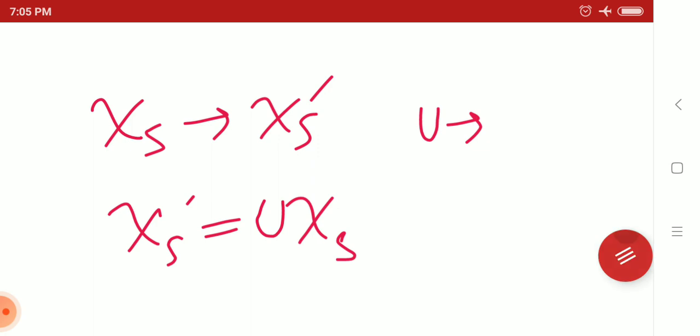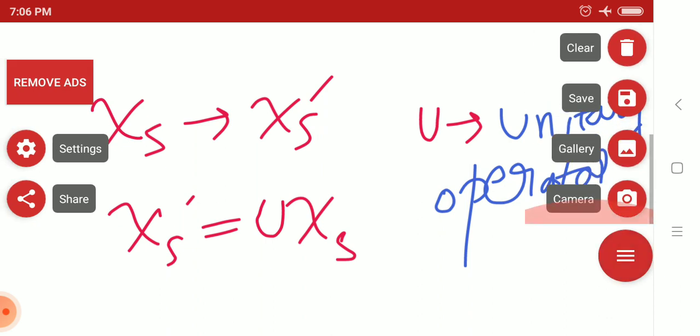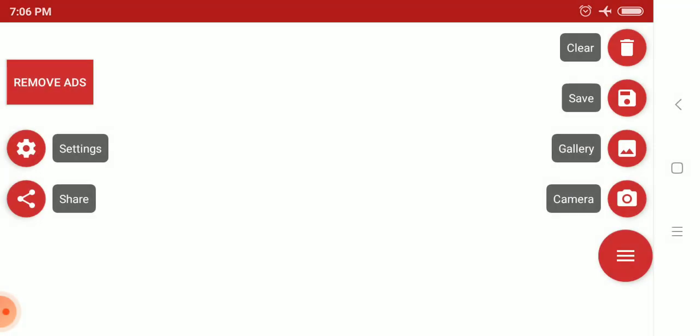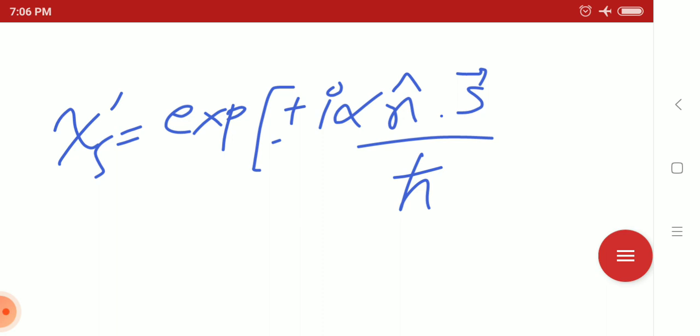U is a unitary operator, or unitary matrix, you can say. So in the operator form we can write chi s prime equals exponential plus minus iota alpha n dot S vector by h cut into chi s, okay.